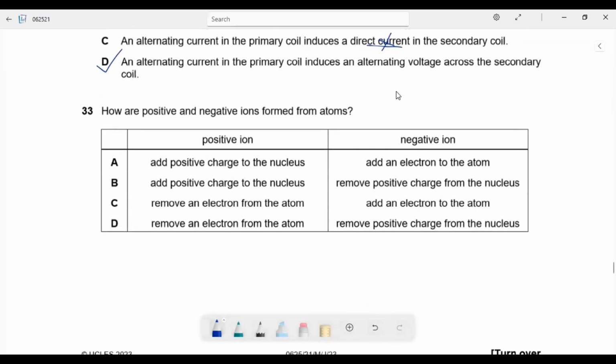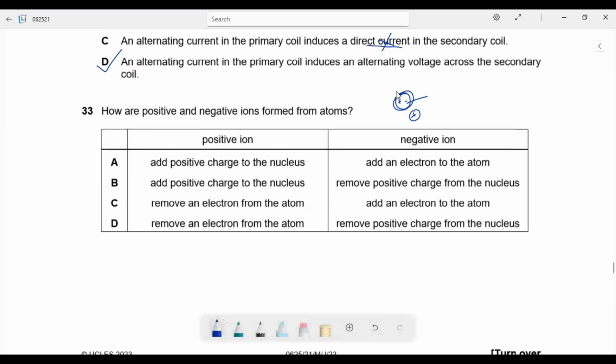How are positive and negative ions formed from atoms? So in an atom, positive, negative will be there. So suppose you are removing an electron from the atom, a positive ion will be formed.